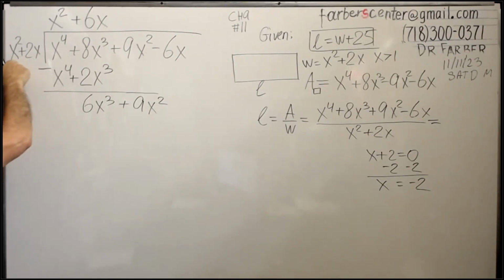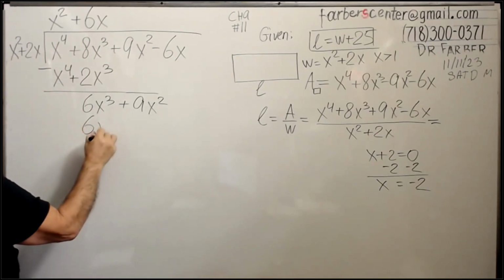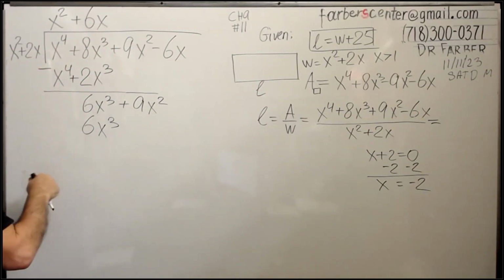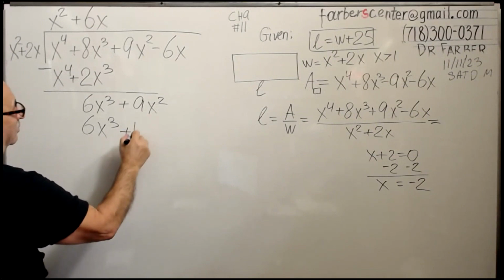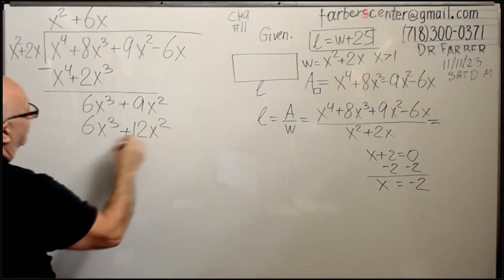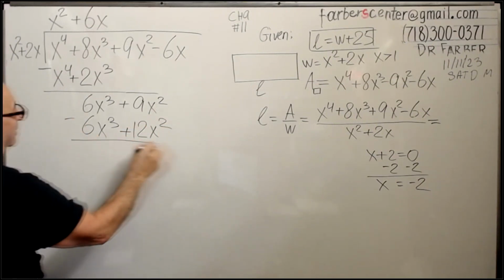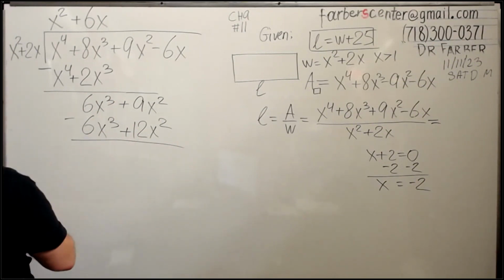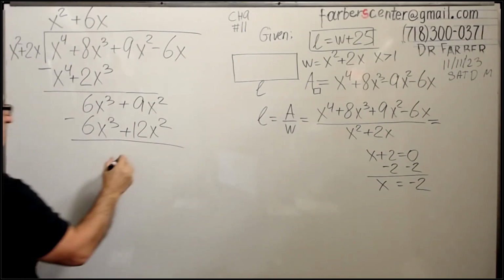6x times x to the second is 6x cubed. 6x times 2x is 12x squared. When you subtract, it cancels out, this is 0. And this will be negative 3x squared.